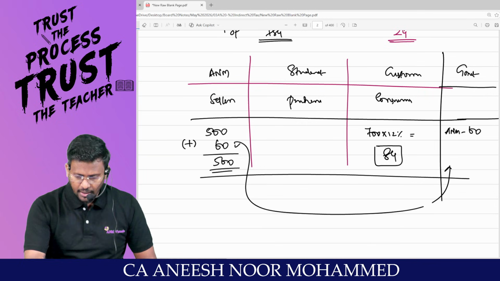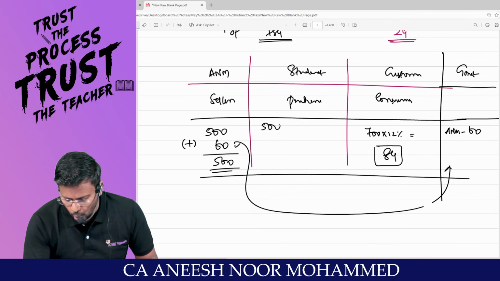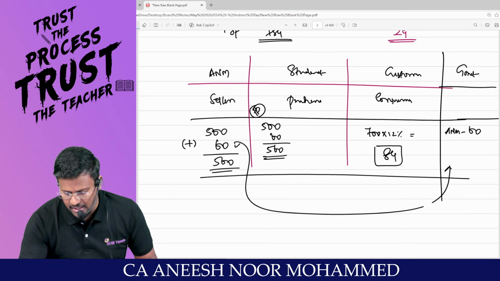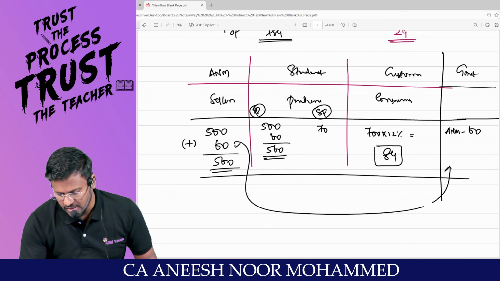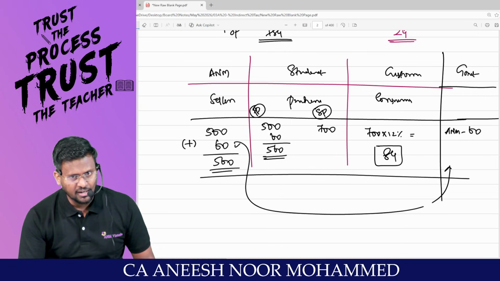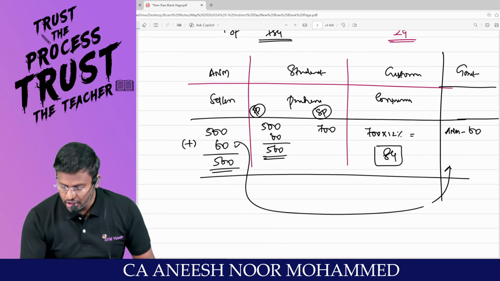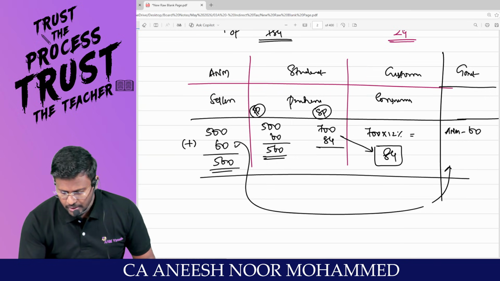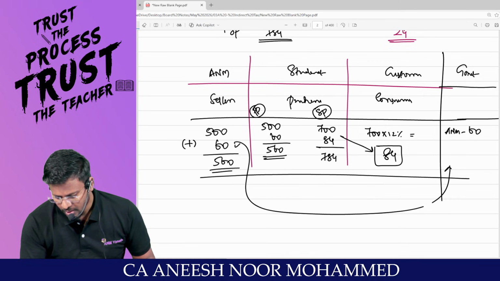Now you are the purchaser. You purchased the calculator for 500 by paying 60, totally 560. This is the purchase price. Come to the selling price. You are selling at 700 by collecting GST of 84 rupees from the customer. So 700 plus 84, 784.